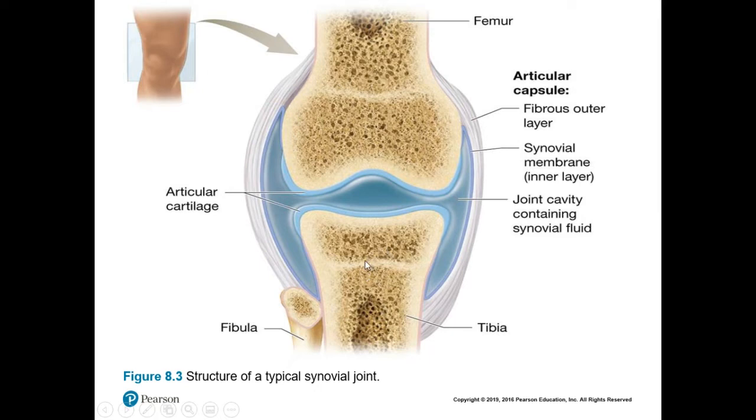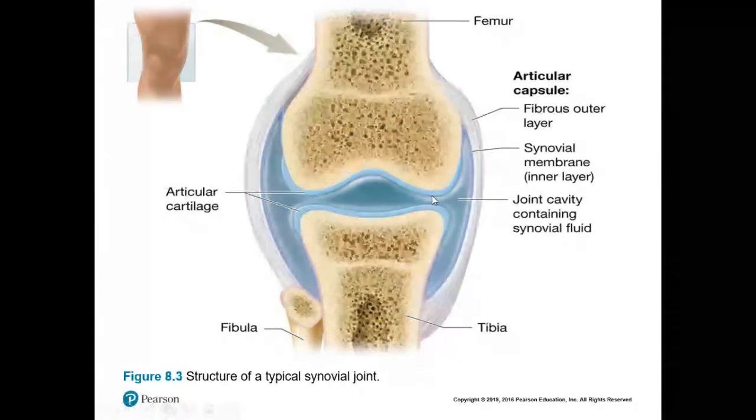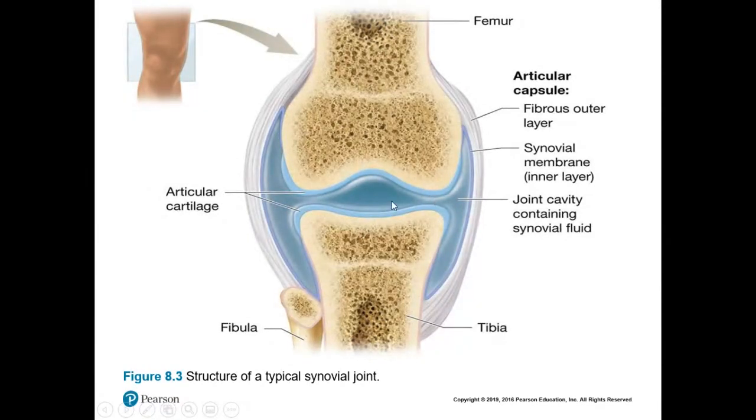Therefore, ultimately, rendering the joint useless. Not the person, the joint. The joint is going to be rendered useless because, again, the bones are rubbing against each other. Recall that they have nerve innervation, right, which causes lots of pain, as you can probably imagine.